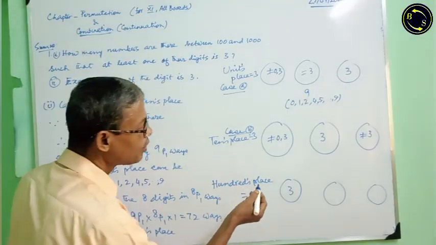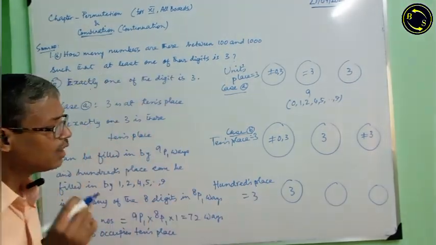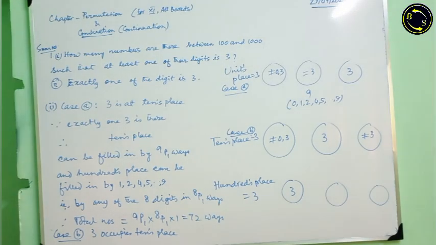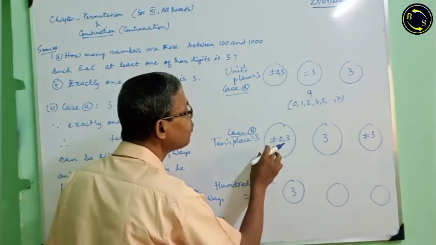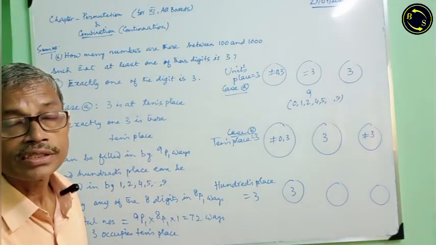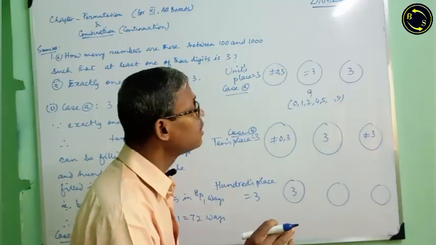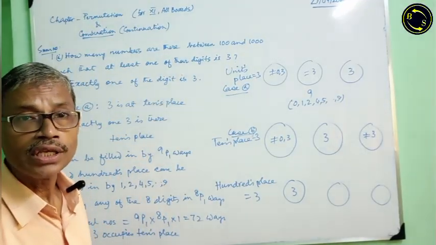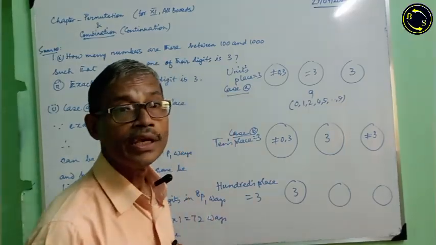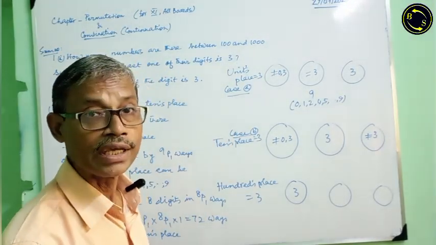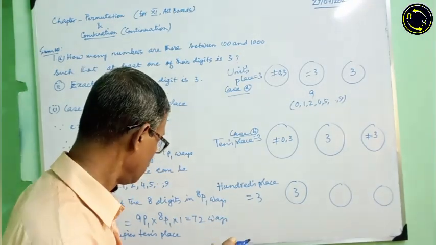From the diagram it is clear the hundreds place cannot be filled in by 0 or 3, since if we put 0 in the hundreds place, then we get 2-digit numbers, and exactly one 3 is used. And the units place cannot be 3, as exactly one 3 is used.